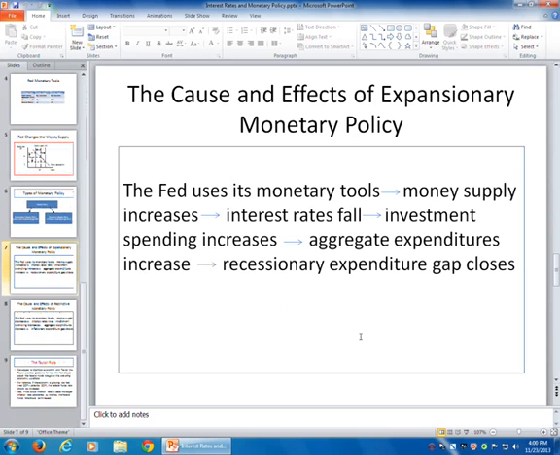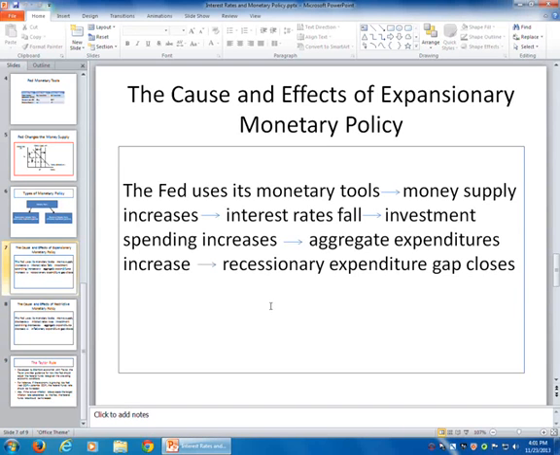Alright, so kind of looking at precisely what happens when the Fed engages in expansionary monetary policy. The Fed uses monetary tools, open market operations, the discount rate, the reserve ratio, in this case it will use the tools to make the money supply increase. As the money supply becomes more plentiful, interest rates start to fall.